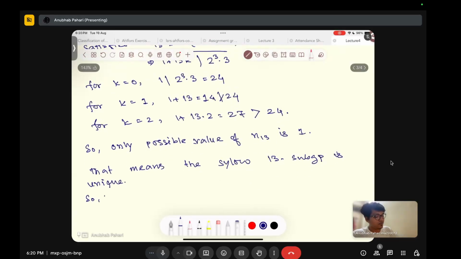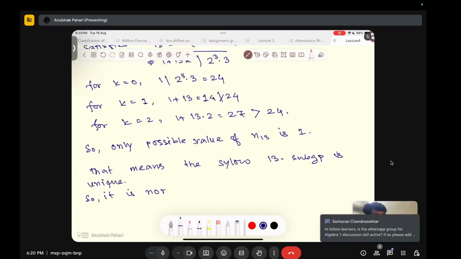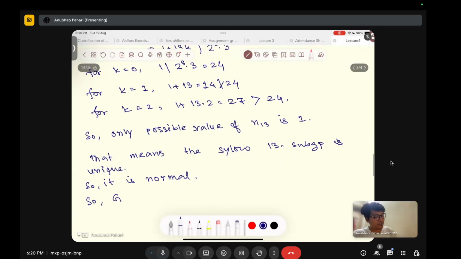So it is normal by the Sylow second theorem. So G is not simple.